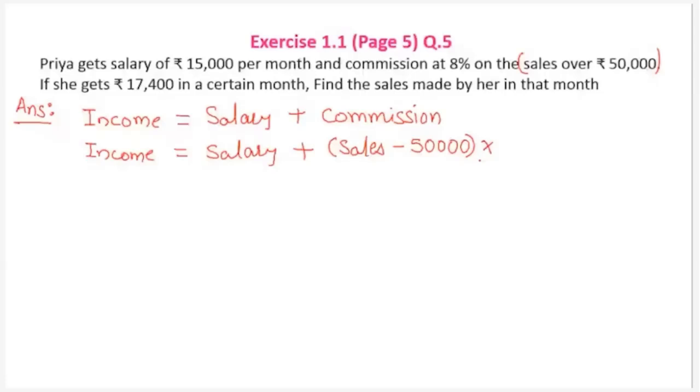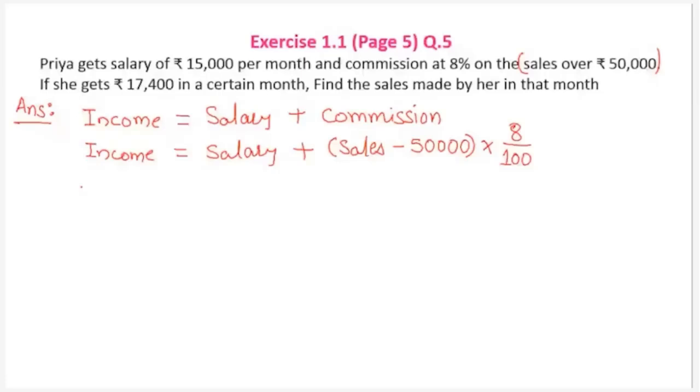Now out of this equation, do you know income? Yes, Priya's income is 17,400. Do you know salary of Priya? Income we know. Salary we know. Sales we don't know. Other is constant. So what is not known to us? We don't know sales.